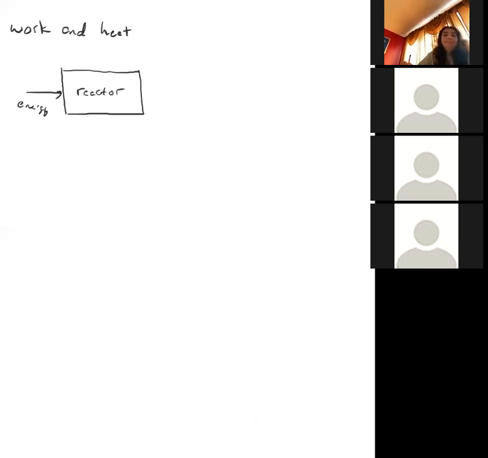Now, we're going to put it all together, work and heat. And what we're going to claim is the following, that if you have a reactor, a place where a chemical reaction is taking place, there are only really two ways that energy can go in or out. Energy can go in, and it can go out.